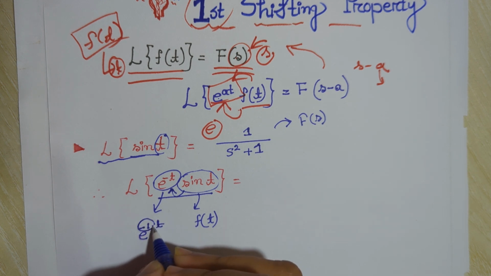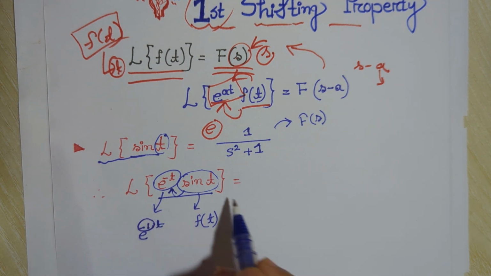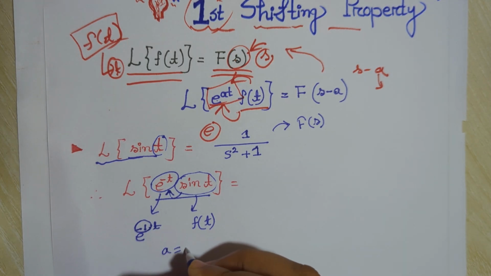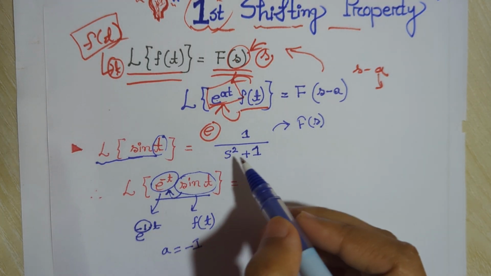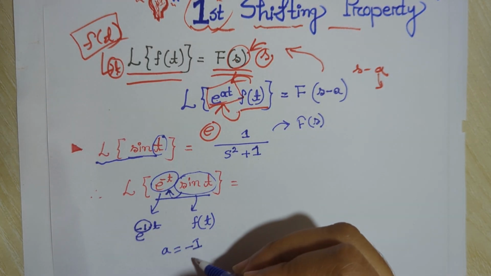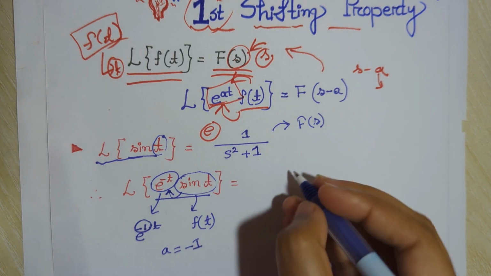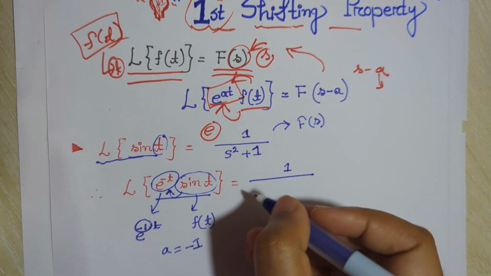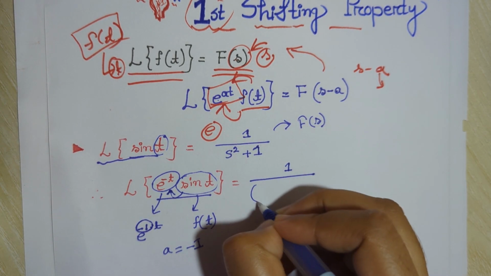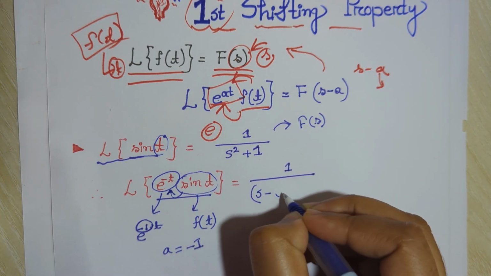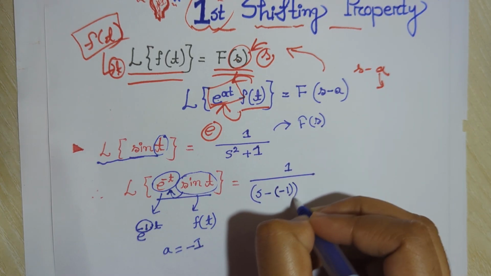So the constant term is minus 1 for this function, so a will be minus 1. Now we will write s minus 1 instead of s, and everything else will be the same. Just s minus 1 whole square.